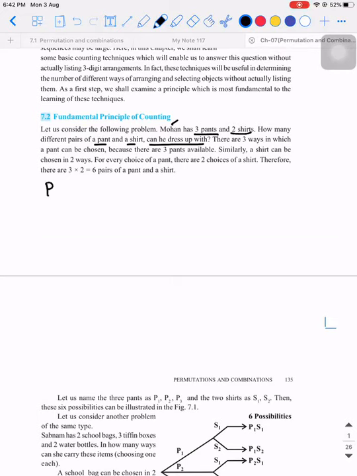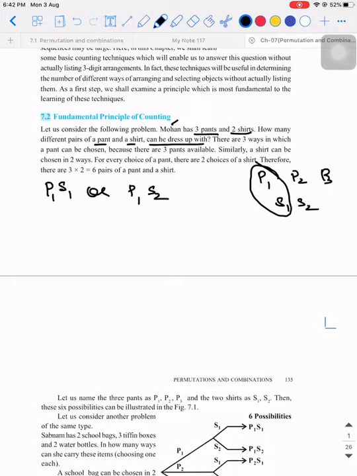So can I say something like this? Let the 3 pants be P1, P2 and P3. Let the 2 shirts be S1 and S2. So P1 can be combined with S1. So P1, S1 is one such case. Or what else will he dress up with? He can wear pant 1 and shirt 2.